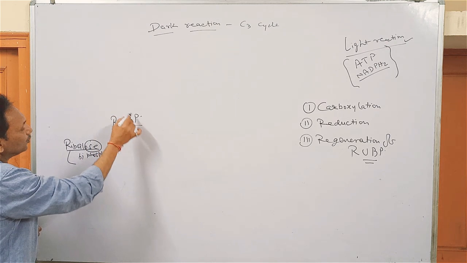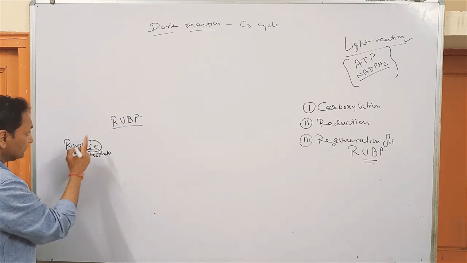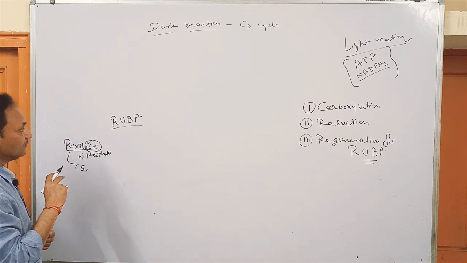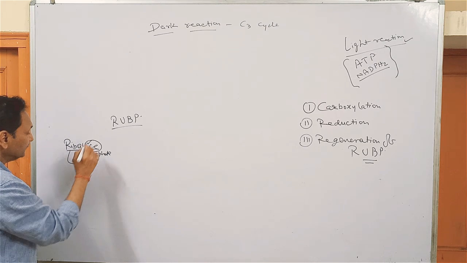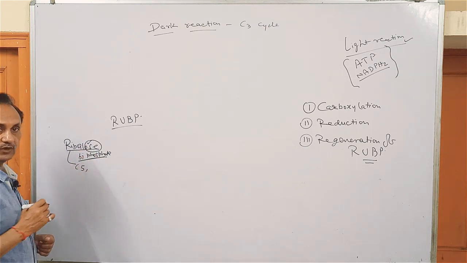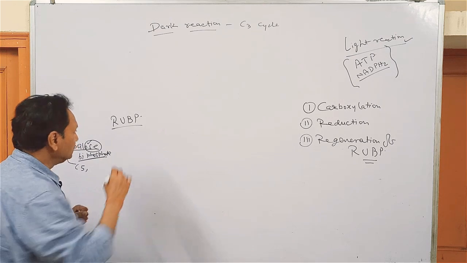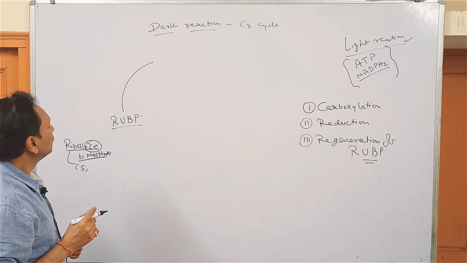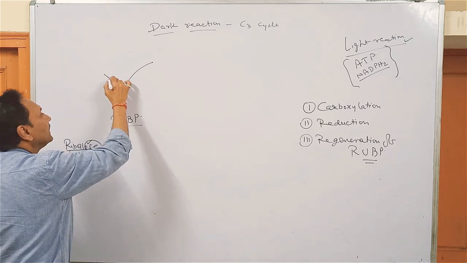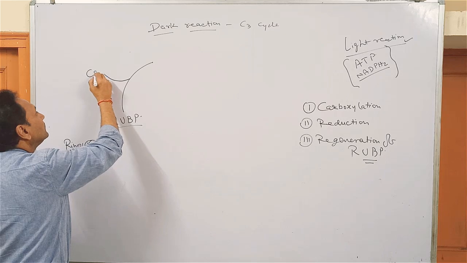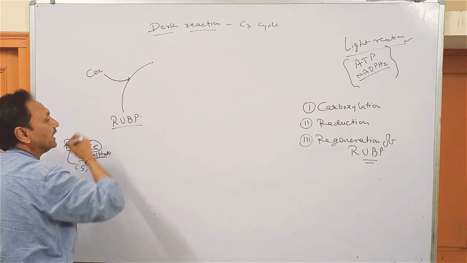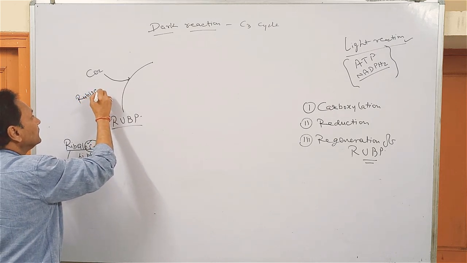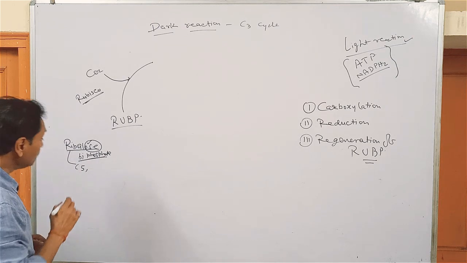So this ribulose 1,5-bisphosphate is made up of 5 carbons, and it is a type of carbohydrate. Bisphosphate means it has 2 phosphate molecules. During carboxylation, what happens? One molecule of this ribulose 1,5-bisphosphate receives one molecule of carbon dioxide, but it is possible only when rubisco is present. Now, what do you mean by rubisco?